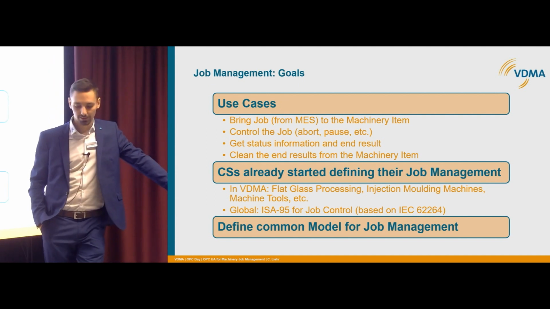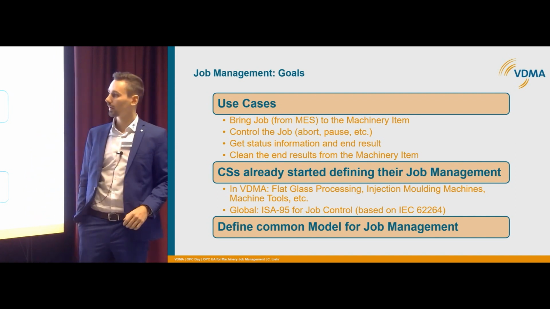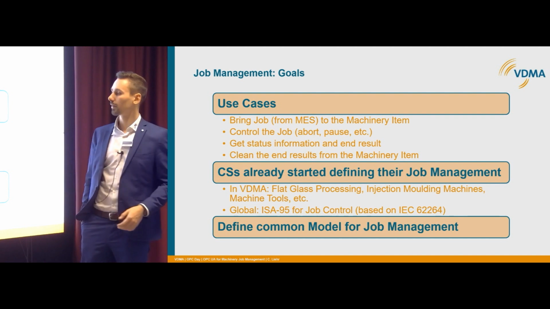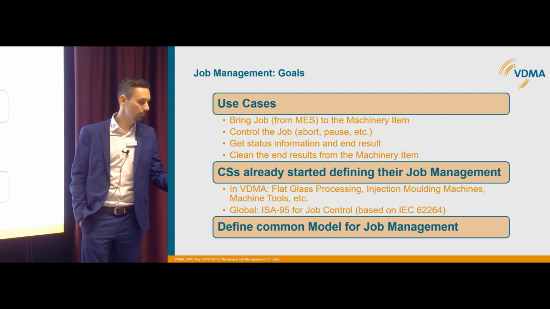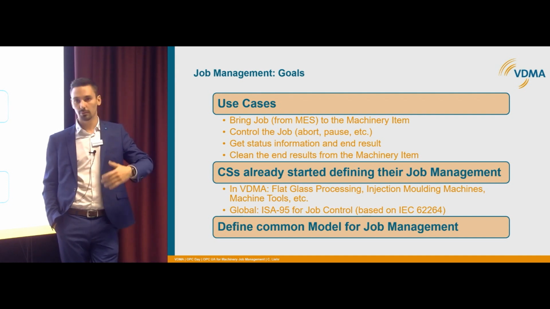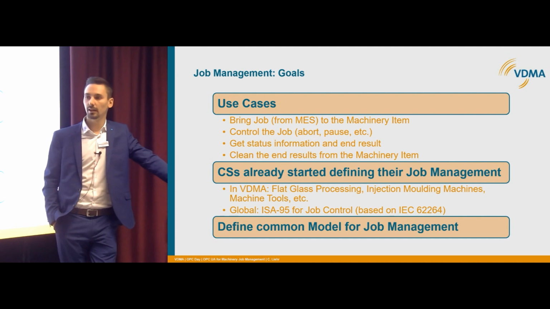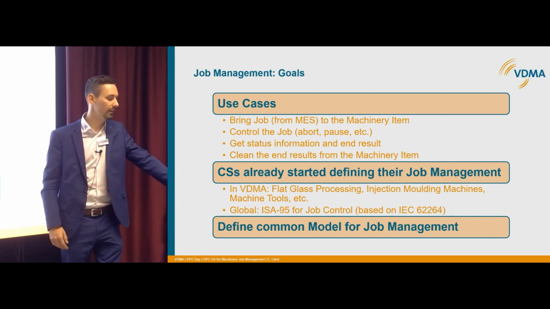Developing a job management building block was not the idea of the machinery working group. So there were other working groups, like, for example, a working group from the flat glass industry, injection molding machines, machine tools, who already worked on something like this. And we noticed that and wanted to harmonize it.